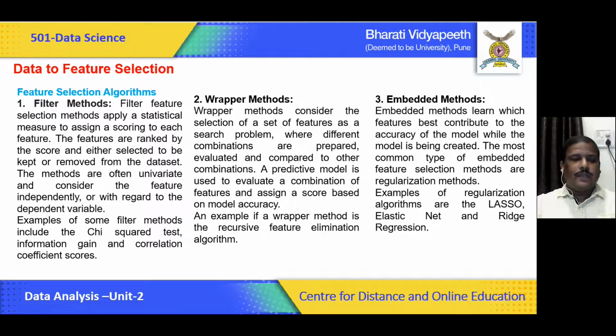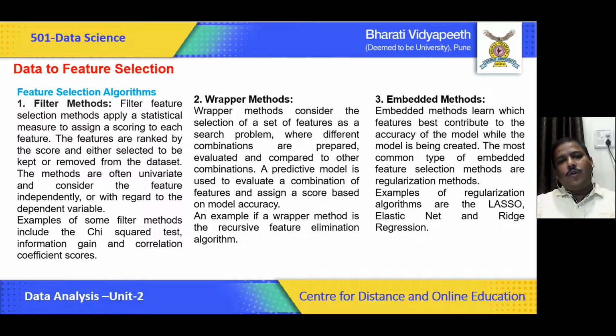Filter methods we can see. Filter feature selection methods apply a statistical measure to assign a score to each feature. Here we are using statistical measurement, right? The features are ranked by the score and either selected to be kept or removed from the data set.